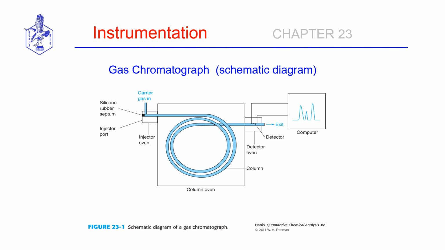Let's begin by considering the instrumentation contained within a gas chromatograph. Let's get our minds into the correct perspective of when we would want to use GC and when it's best to use HPLC.